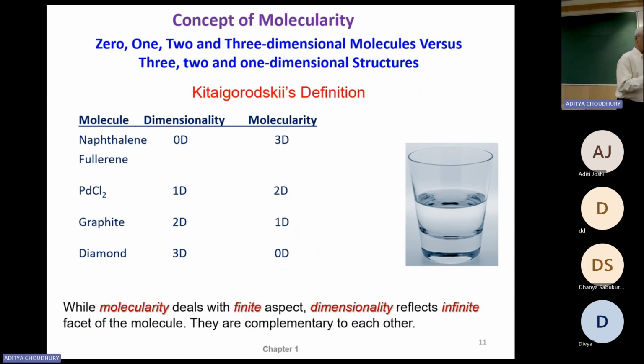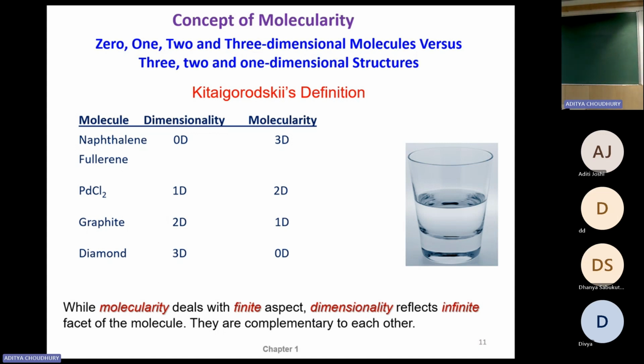Okay, I'm going to talk about the molecularity and the dimensionality. What is a molecule? If you have naphthalene or even methane or sucrose or anything, if you draw XYZ in that molecule and start walking along the covalent bonds, you see the end along X, because after that there's no more covalent bond.